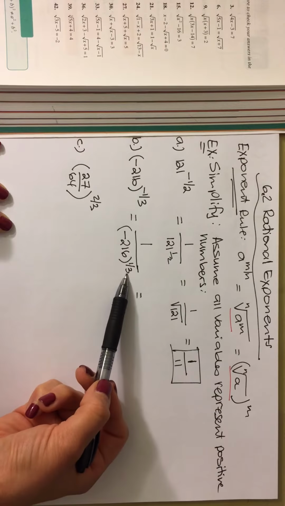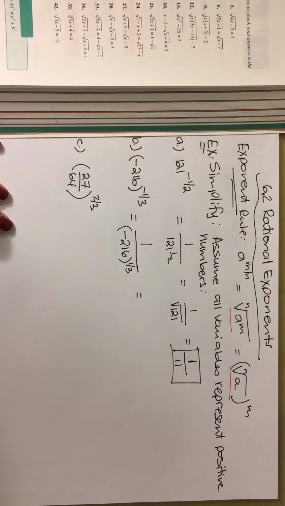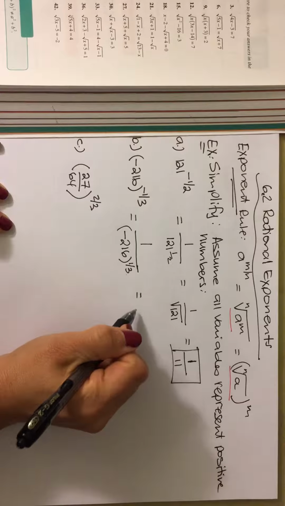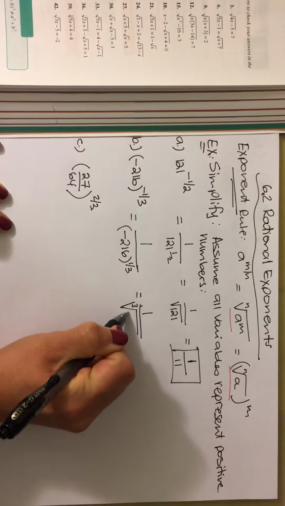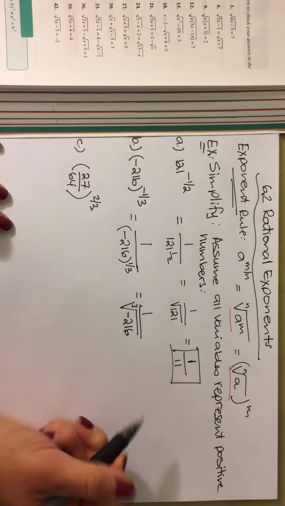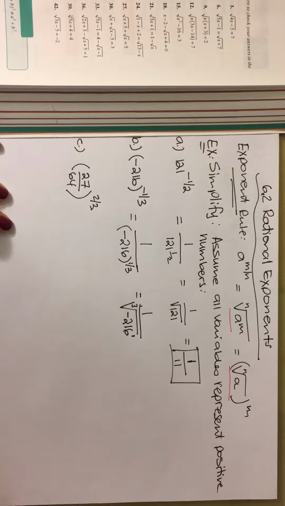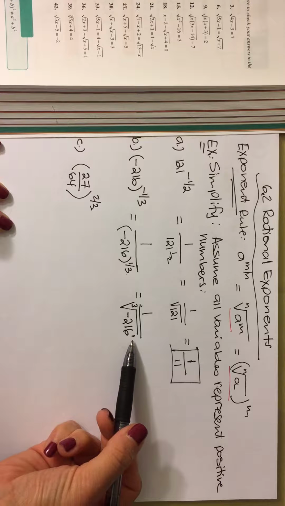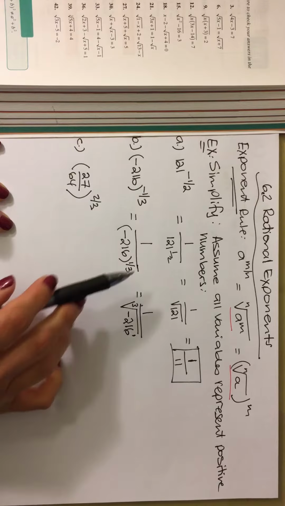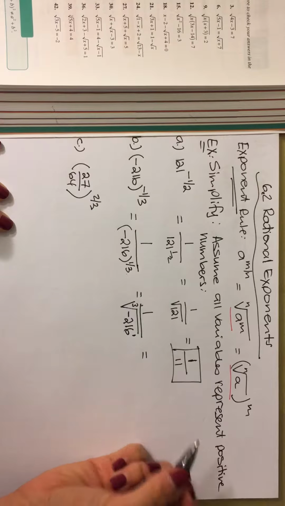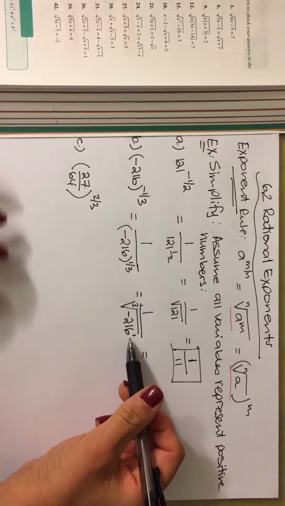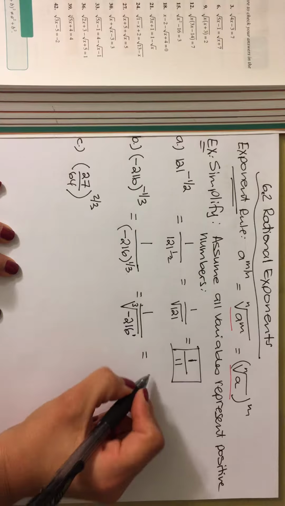Since the denominator is 3, I know that this will change into a cube root. 1 over cube root of negative 216 to the 1st power. We don't have to write 1 here, but it is to the 1st power since the numerator here is 1. We just simplify. Cube root of negative 216 is negative 6.